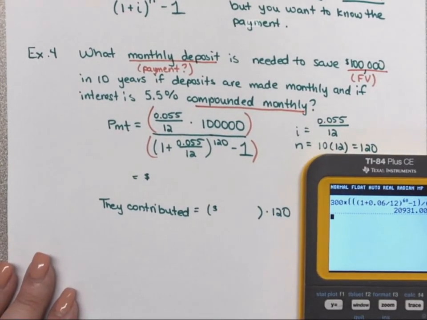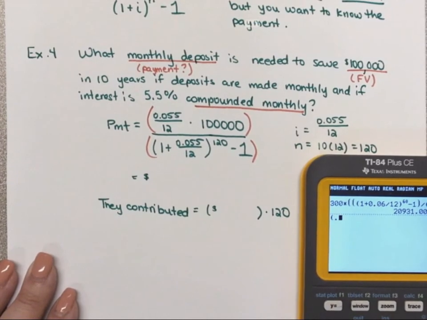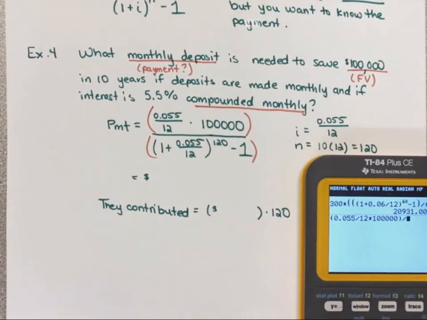Let's go back to that, which I know some of you were already entering in. 0.055 divided by 12, times the 100,000. And then divided by, how many open parentheses do you need in the denominator? 2. One for the whole thing, and then one for the 1 plus fraction part. So it's 1 plus 0.055 divided by 12, raised to the 120th power.